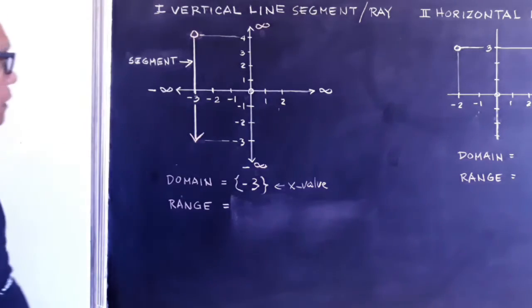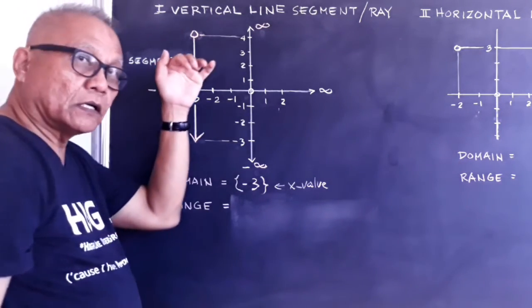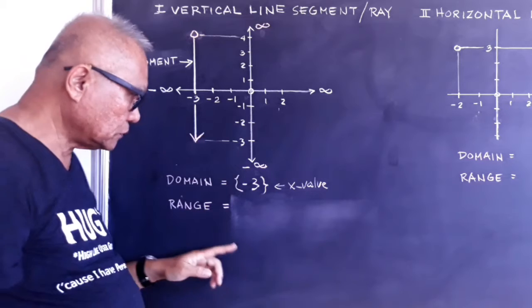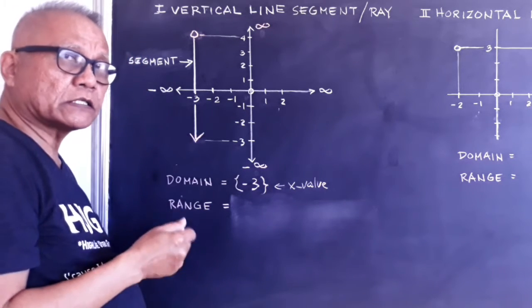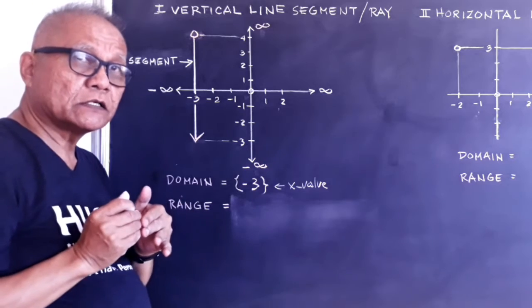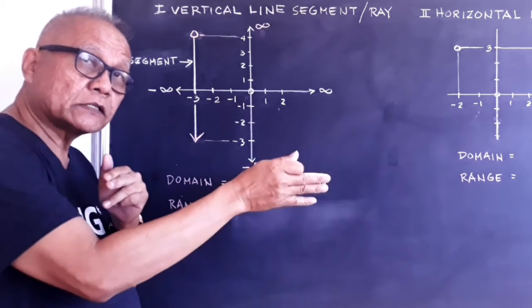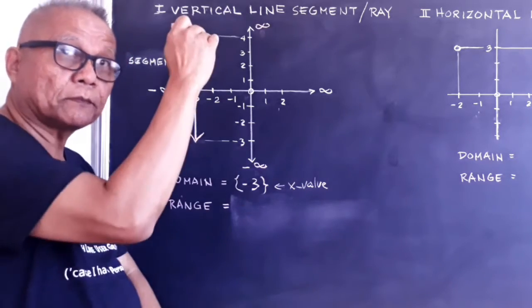Now, if you have an arrow going down, in our interval notation we always start from the smallest, from left to right, or from bottom to top.